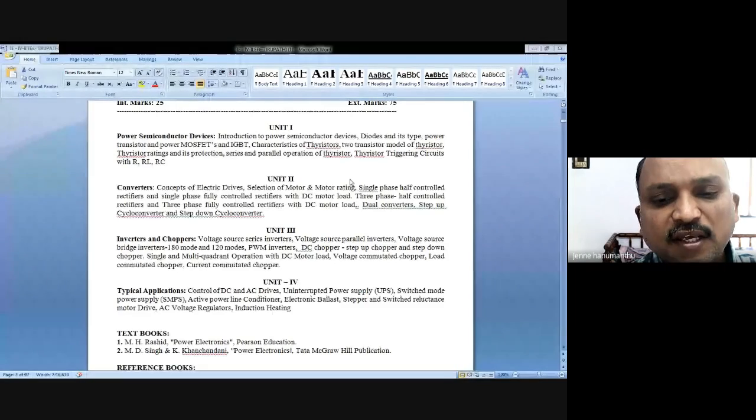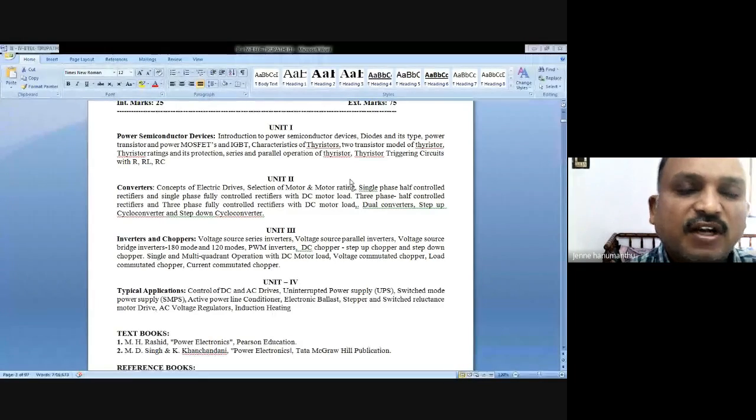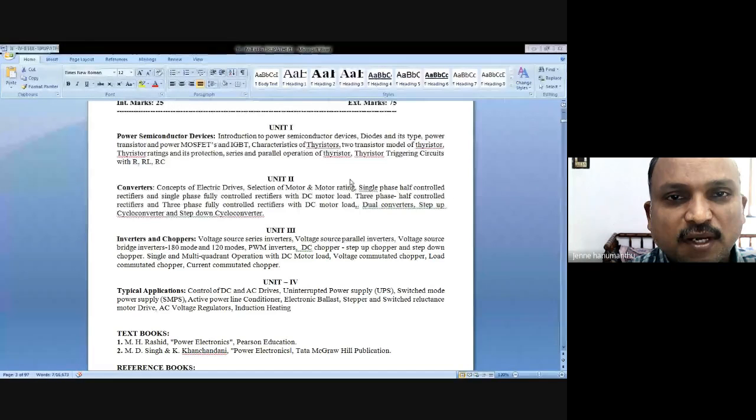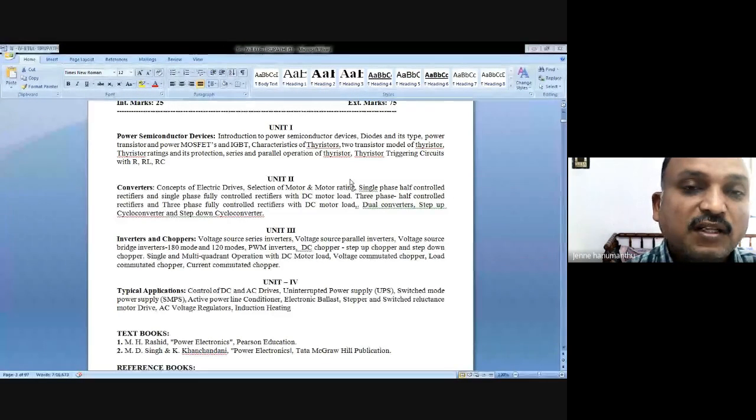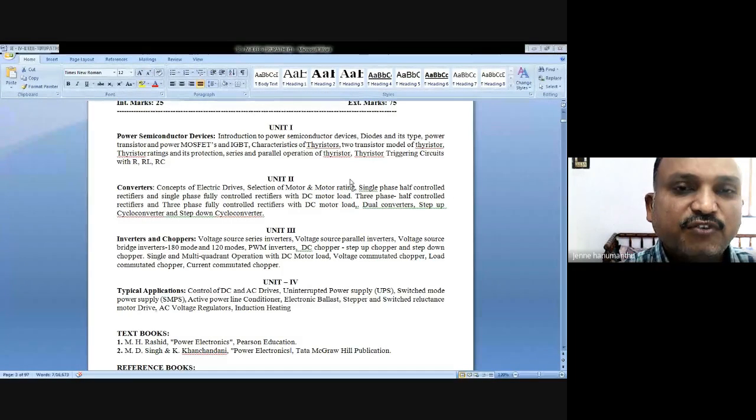If you apply a general forward bias to the SCR, what happens? Only J1 and J3 are forward biased, but J2 is reverse biased. So if you want to make the reverse biased J2 into forward bias, it is possible with the help of triggering of the SCR, with a triggering circuit.